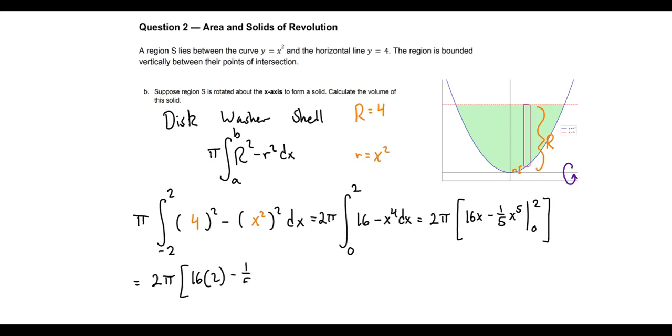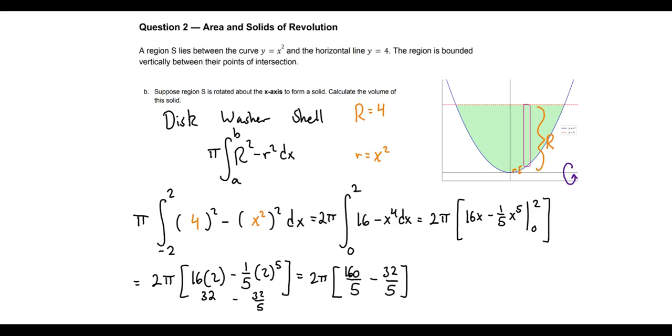So here, let's go ahead and plug 2 in and see what happens. Okay, 16 times 2, that's 32. 2 to the 5th is 32. So we have 32 over 5 right here. We're going to need a common denominator of 5 here. So that means I have to multiply this by 5, which is not the nicest number in the world. Looks like it's 160.